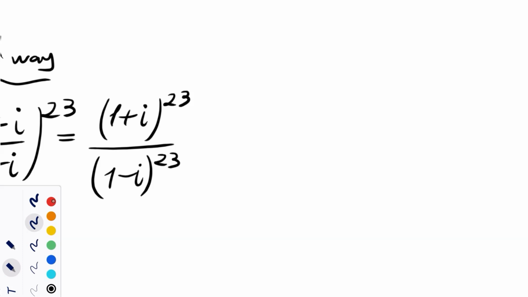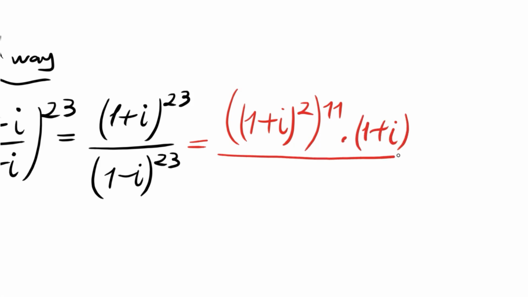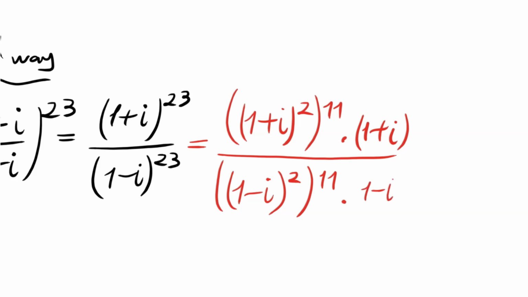Now the trick in this method is we can write this as ((1 + i) squared) raised to the 11th power times one more (1 + i). And the other one is also ((1 − i) squared) raised to the 11th power times (1 − i).